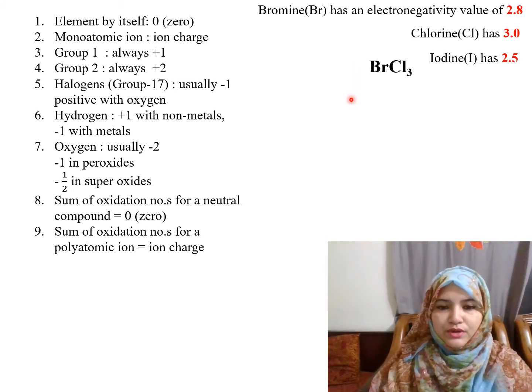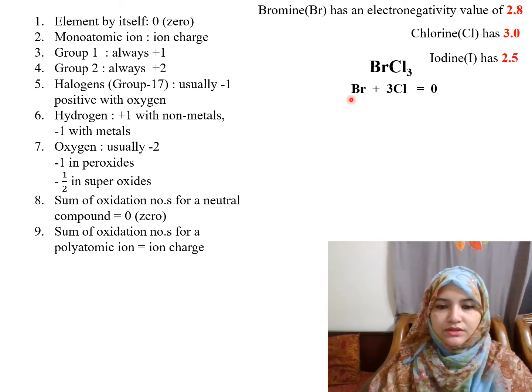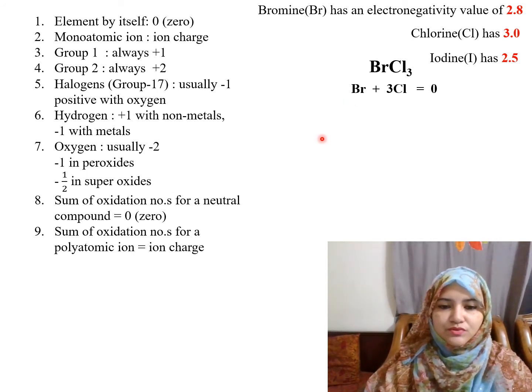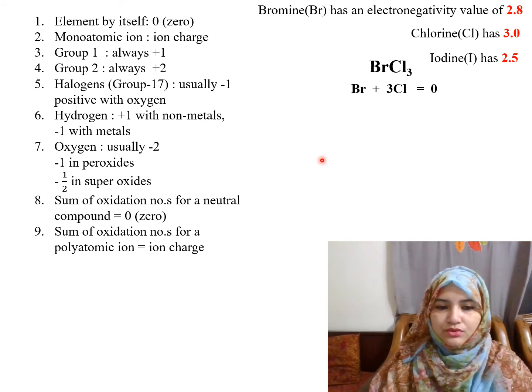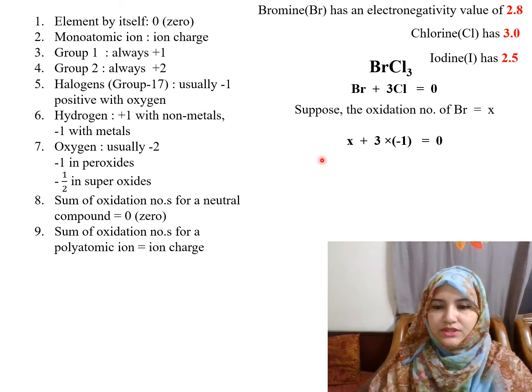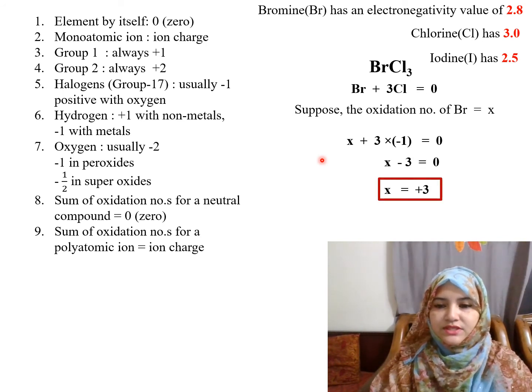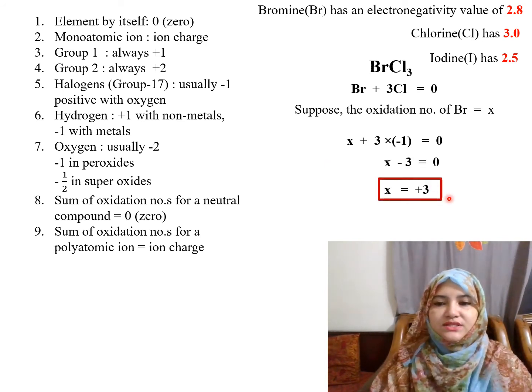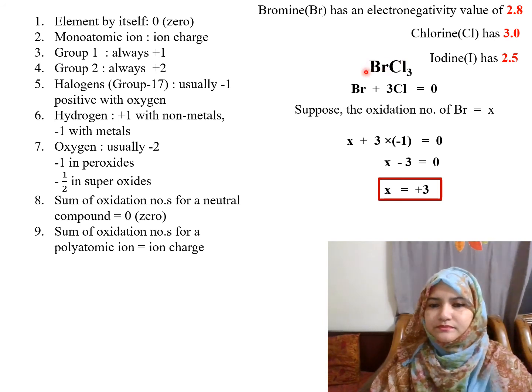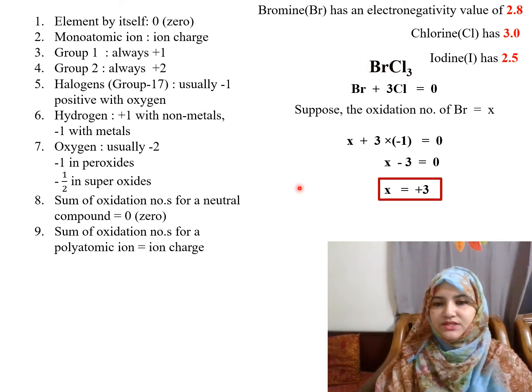The equation is x plus 3 times minus 1 equal to 0. From our typical calculation, the final result is x equal to plus 3. That means the oxidation state of bromine in bromine trichloride is plus 3.